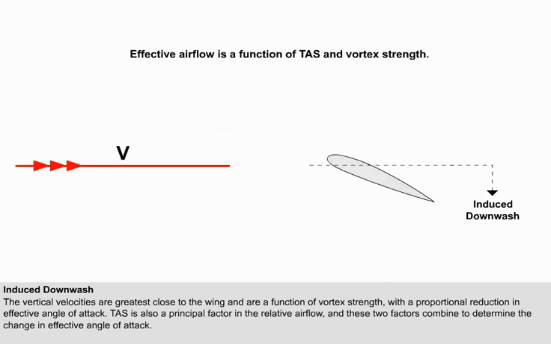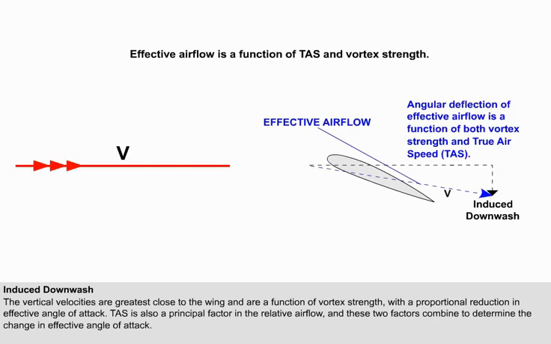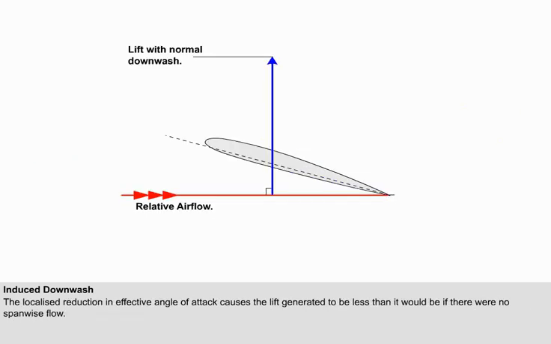Since TAS is also a principal factor in the relative airflow, these two factors combine to determine the change in effective angle of attack. Because of the localized reduction in effective angle of attack, the overall lift generated by a wing is actually less than it would be if there were no spanwise pressure differential.